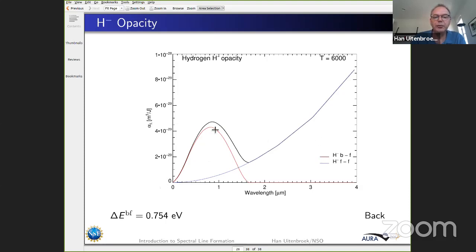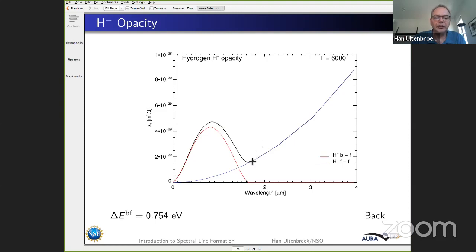It has a bound-free transition, where the additional electron is ionized, decoupled from the atom, and it has a free-free opacity, which is strongly wavelength dependent, as shown here with the blue curve. This free-free opacity is a free electron zooming by a hydrogen atom and exchanging energy.